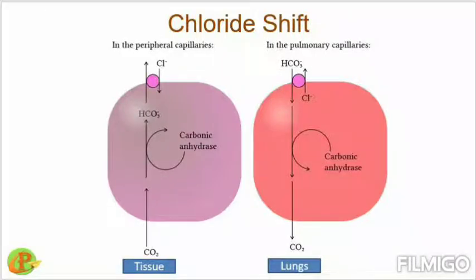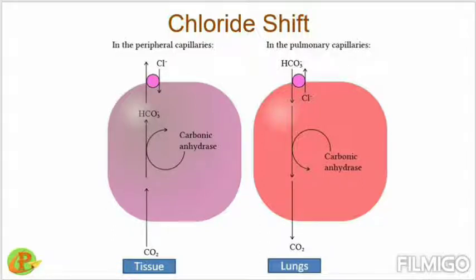In the tissue you can see the peripheral capillaries, where from the tissue the carbon dioxide produced is entering into the RBC, where the carbonic anhydrase is converting the carbon dioxide into bicarbonate ion, and this ion is coming out of the RBC to the plasma, where it is exchanged with the chloride ion.